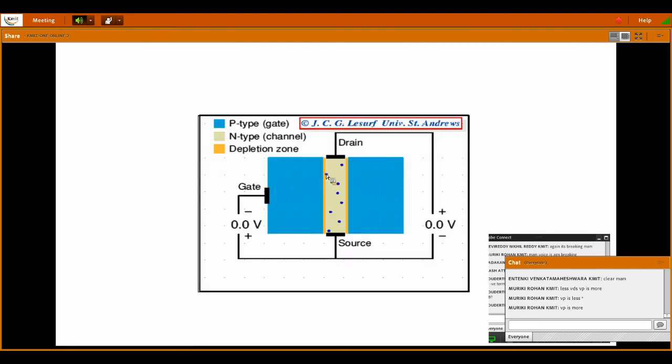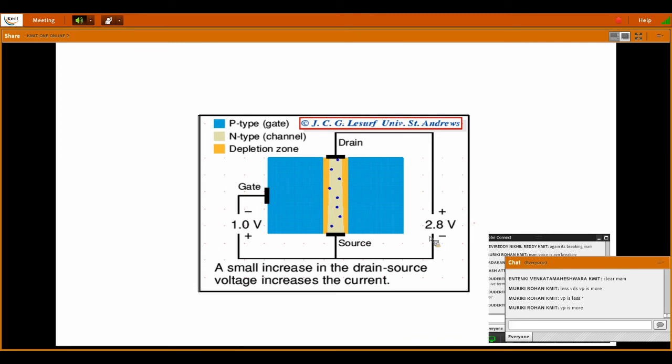I'll show you an animation diagram where the gate voltage is being varied and the drain voltage is also being varied. See how the depletion region is being increased and varied. All of you look at this animation diagram. This is just for understanding purposes. So increasing the gate voltage widens the depletion zones, cutting down the flow. And you can see here the drain voltage is being increased.